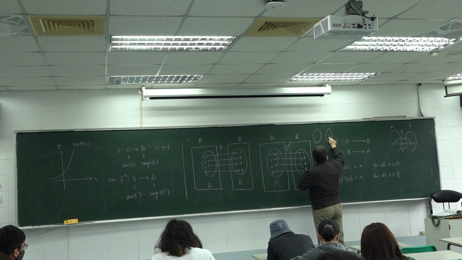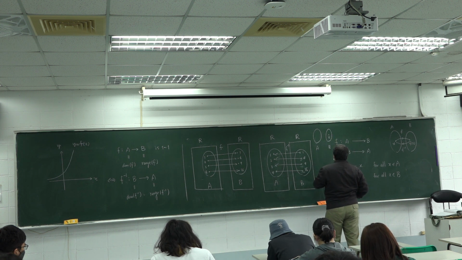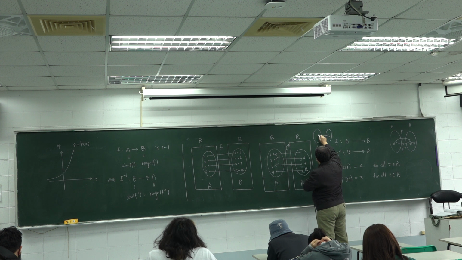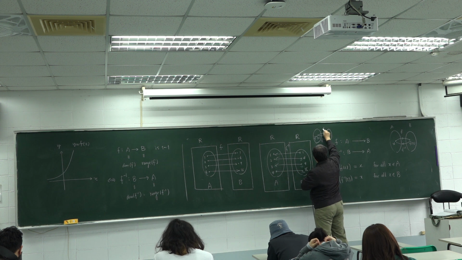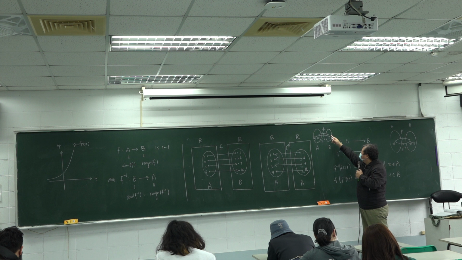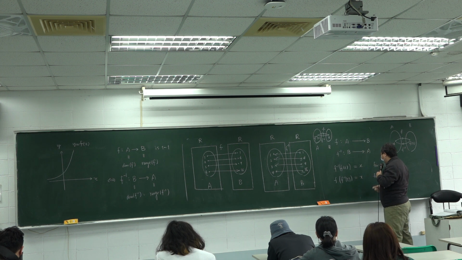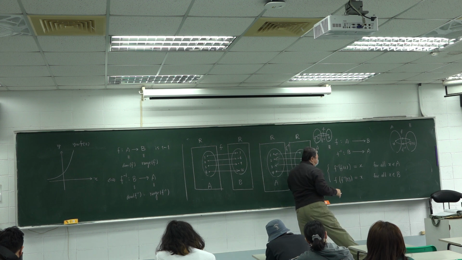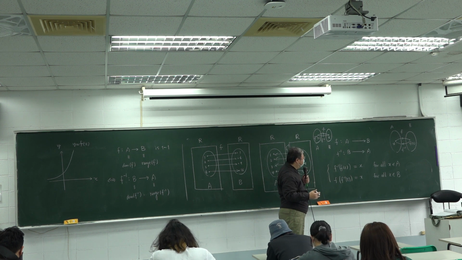If x is an element of B, x is mapped by this function first to this number, then mapped by f. The result is the original number x. These two relations are called cancellation equations.